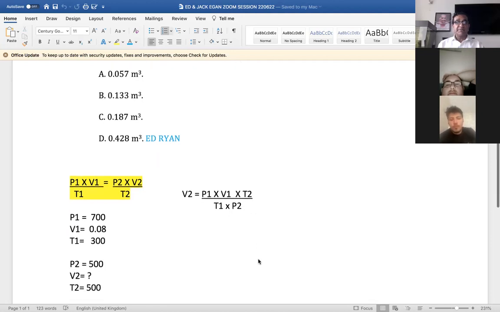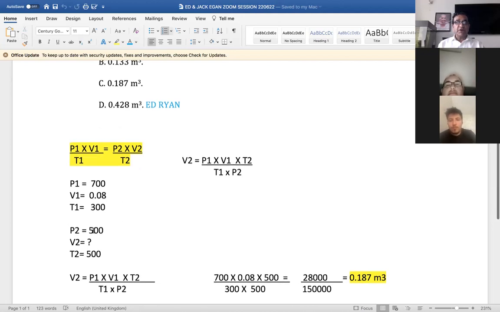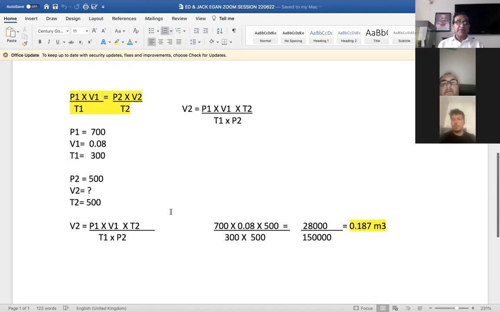Then we look at what each of those terms are. P1 is 700, V1 is 0.08, T1 is 300, P2 is 500, and we're trying to find V2, and we know that T2 was 500. That's from our original question on that multi-choice test paper. Using the formula, V2 equals P1 times V1 times T2 divided by T1 times P2.